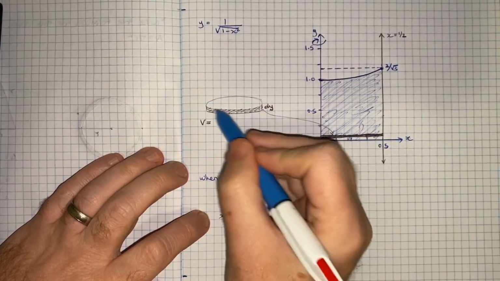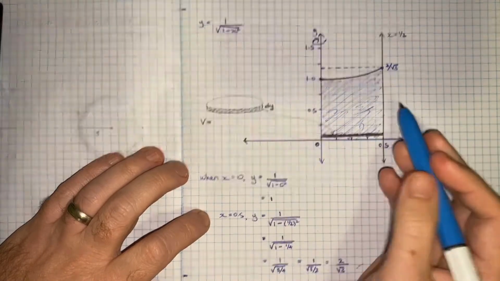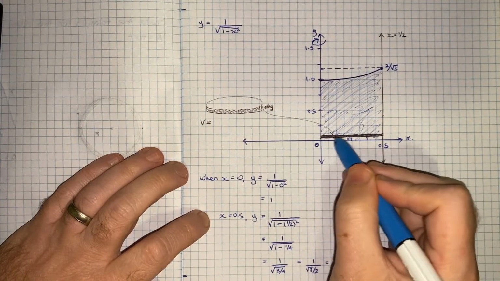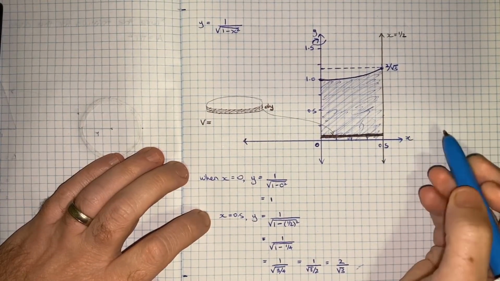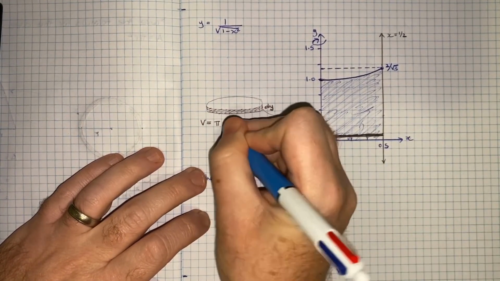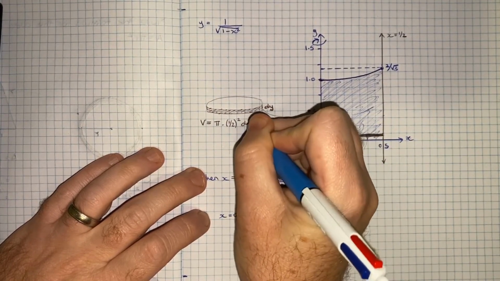The face is a circle, and the area of a circle we know is pi r squared. If we're rotating it all the way around, the radius is just this first half, our x value of a half. So the volume would be pi times a half squared dy.